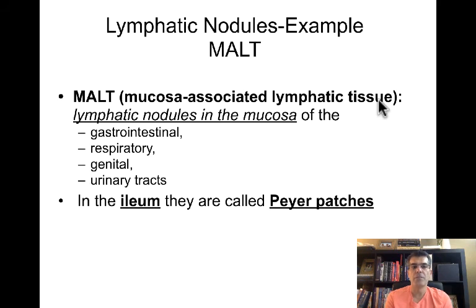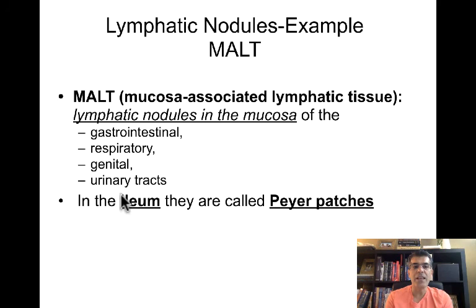Where do you find MALT? Wherever you have mucosa. Where do you have mucosa? Anywhere that you have a tube that opens to the outside: gastrointestinal, respiratory, genitalia, urinary tract. So in the wall of these organs, we have MALT. We have lymphatic tissue located in the mucosa.